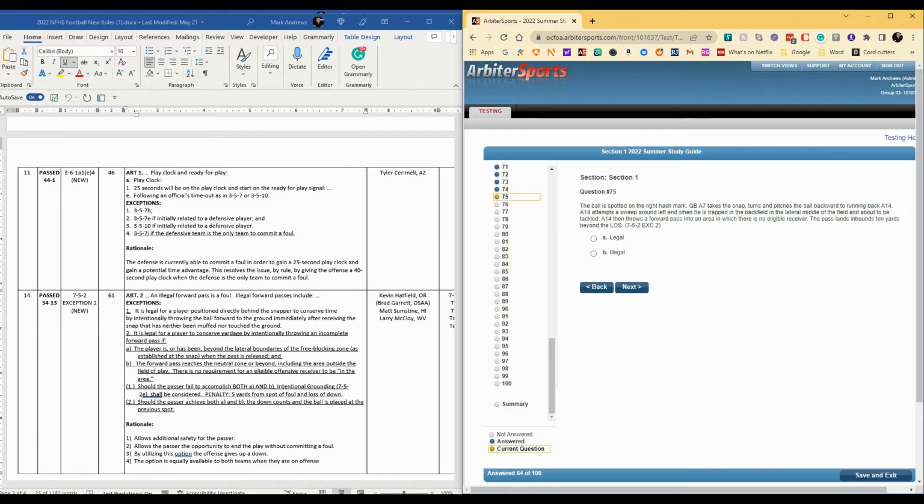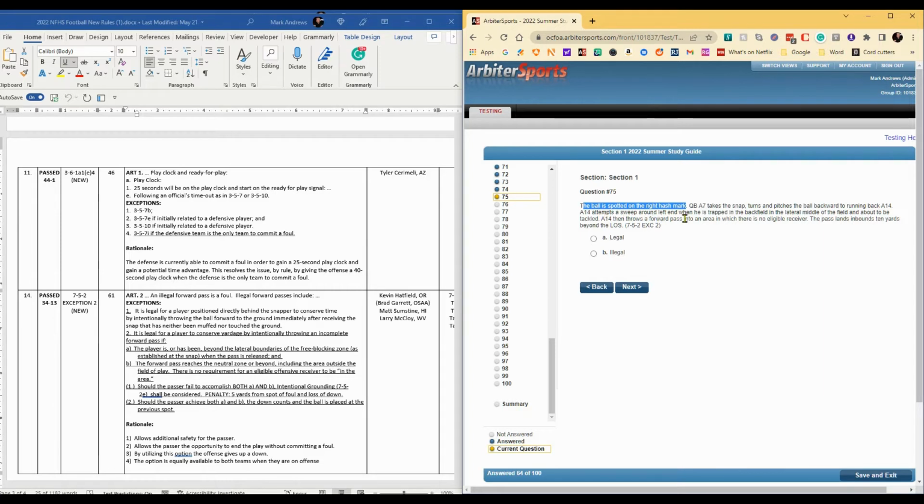Okay, here's another one. A little wrinkle on this one. The ball is spotted on the right hash mark. So they're establishing the free blocking zone 4 yards either side of the right hash mark. Quarterback A7 takes the snap and turns and pitches the ball backward to running back A14. So it's a backward pass. A14 attempts to sweep around the left end when he is trapped in the backfield in the lateral middle of the field and about to be tackled.